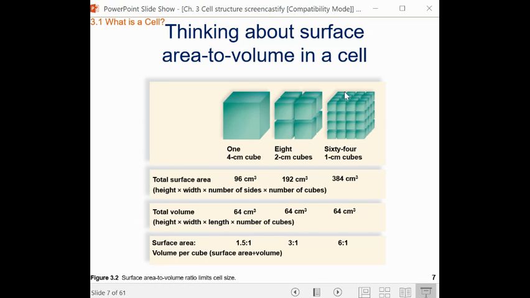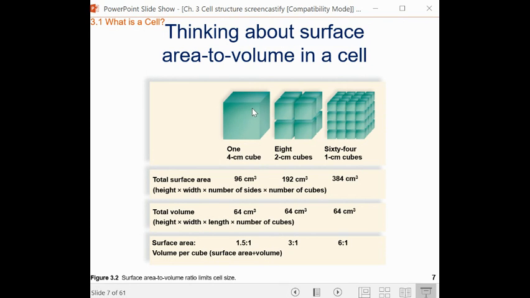Here's an example of that. You can see if we took a single cube that's 4 centimeters by 4 centimeters by 4 centimeters, what you will find is the total surface area changes depending on how much we break it apart. But the volume actually remains the same. So the amount of material that's present doesn't change, but the amount of surface that things can pass in and out of does change.